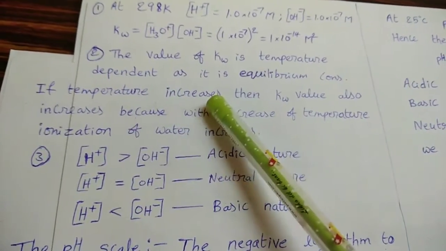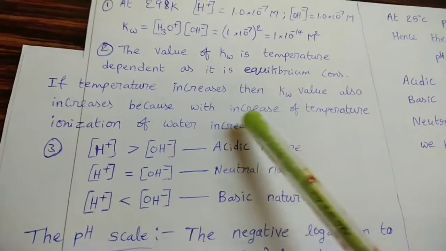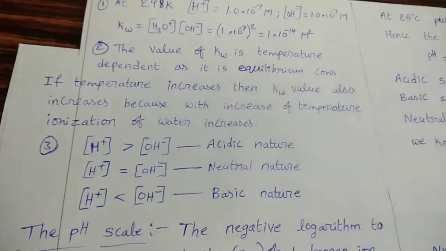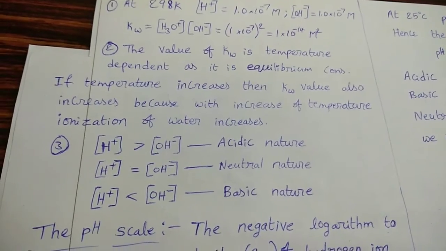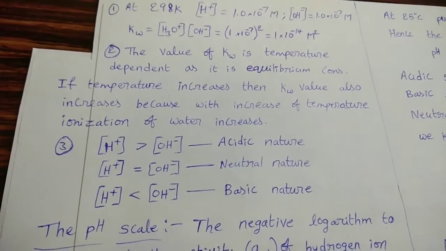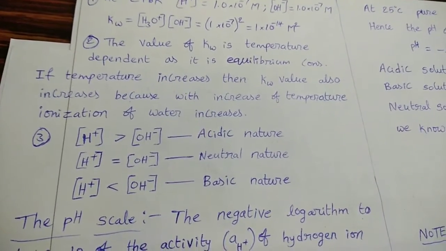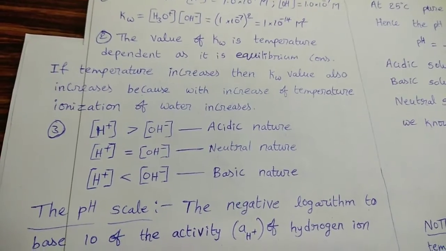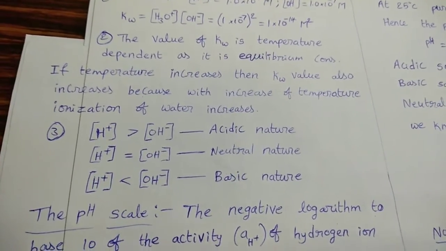If temperature increases, then Kw value also increases, because with increase of temperature, ionization of water increases. If we increase the temperature, more water molecules undergo ionization. That's why H plus ion concentration increases, so Kw value also changes. At low temperature, fewer water molecules undergo ionization, and we get another Kw value.